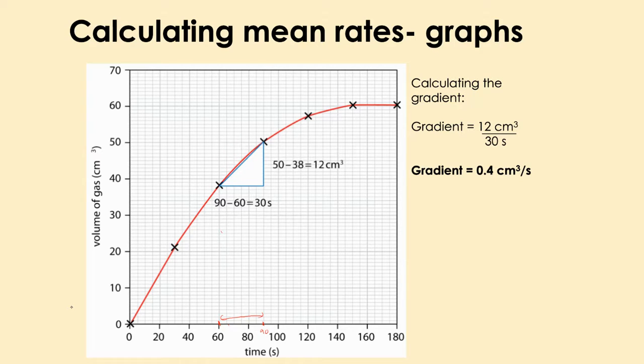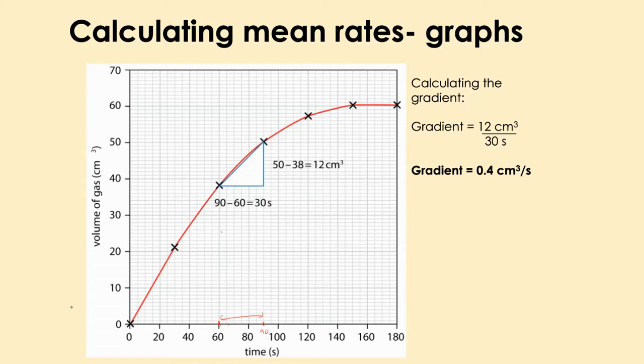So if I do that, I can just draw a triangle between the 2 points, and it's the change in y over the change in x. And it's important to draw a big enough triangle here, because if we draw a small triangle, it's not going to be accurate. So if I do that, I get 12 divided by 30, which is 0.4.